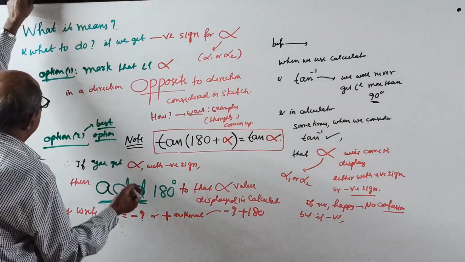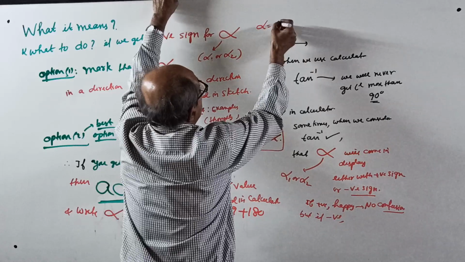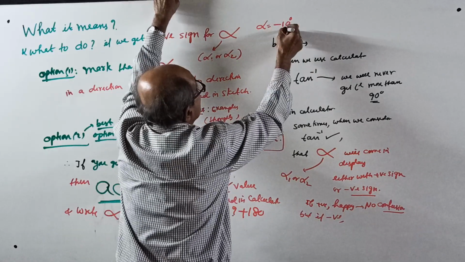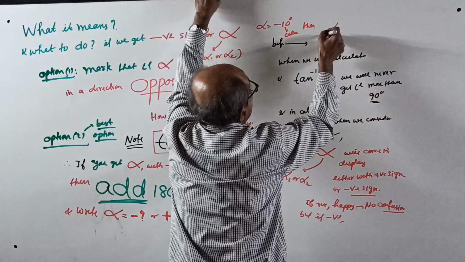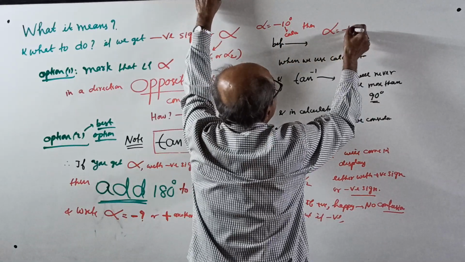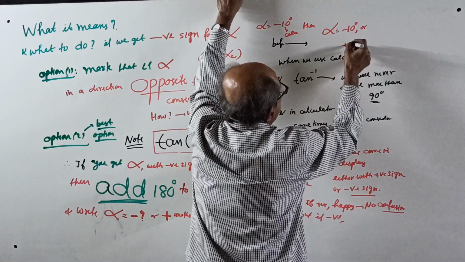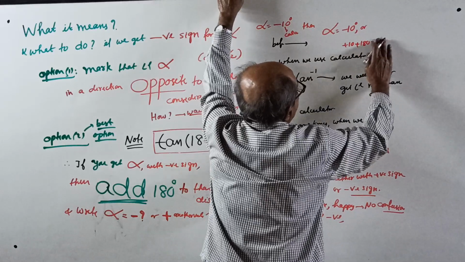I will tell here. Suppose you get alpha, one value, minus 10 degrees in the calculator. Then write alpha equal to minus 10 degrees or minus 10 plus 180 becomes plus 170 degrees.